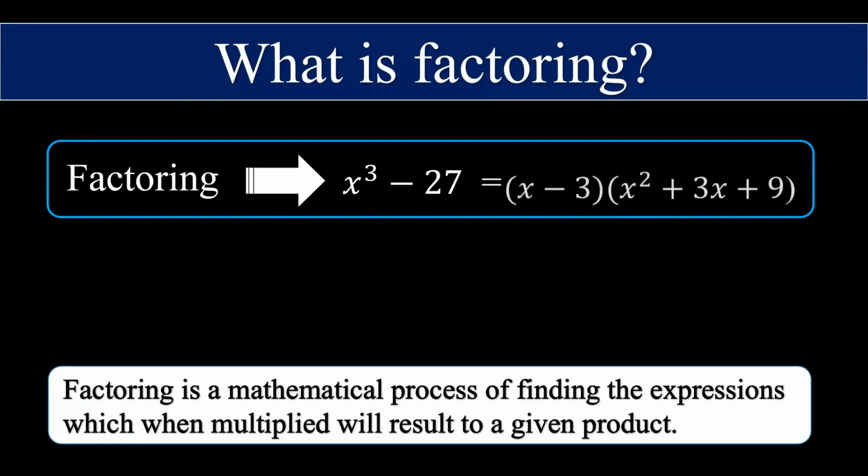So, ang answer na ito is this. X cubed minus 27 equals x minus 3 times x squared plus 3x plus 9. Now, given ba sa agad na difference siya, difference of two cubes mo siya.